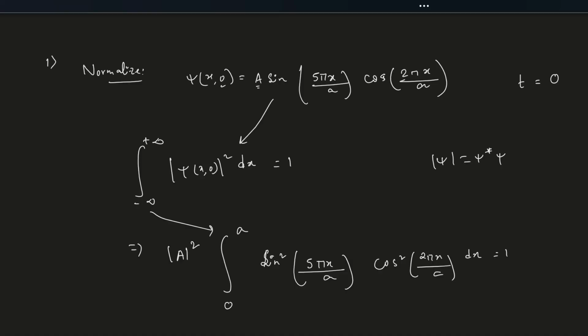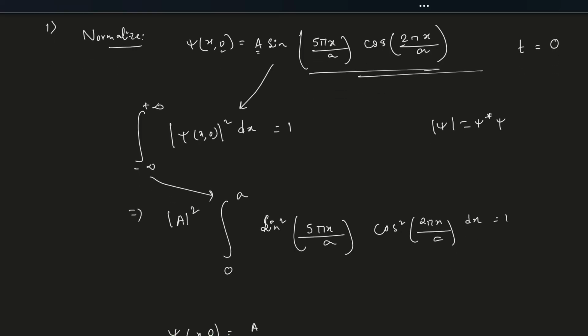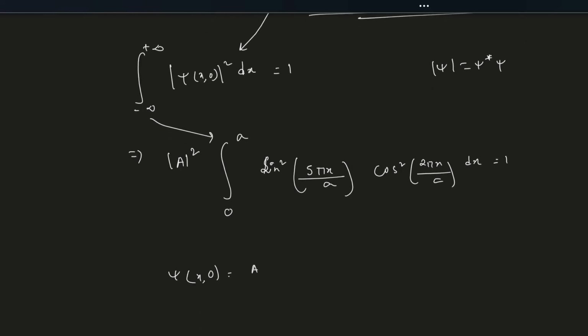So you can convert a summation of sines into a product of sine and cosine, right? Here, in the form given to you, you can see that the sine has (alpha plus beta) by 2, which is given as 5 pi x by a, and the cos has (alpha minus beta) by 2, which is 2 pi x by a.